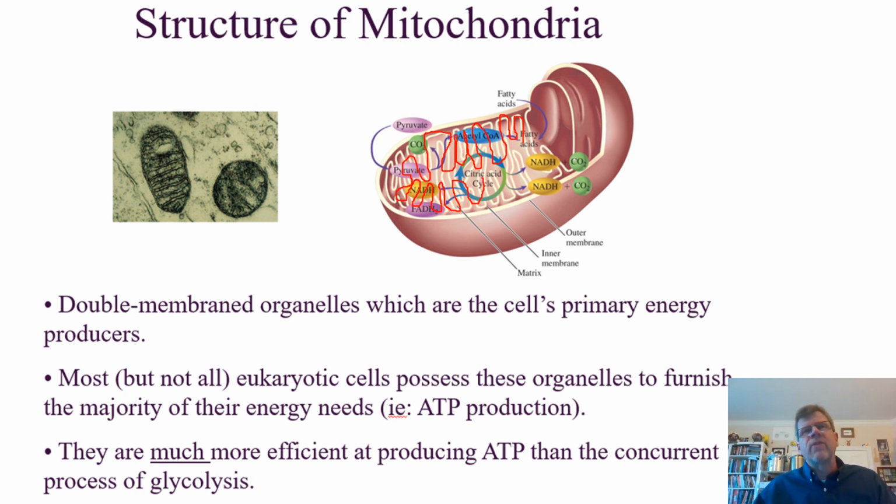The ATP production inside a mitochondrion happens at this inner membrane. We have embedded proteins within this inner membrane which form ATP. If we can maximize the surface area on which this ATP production is being carried out, we can maximize the rate of ATP formation. So this is why we get that very folded inner membrane within a mitochondrion.